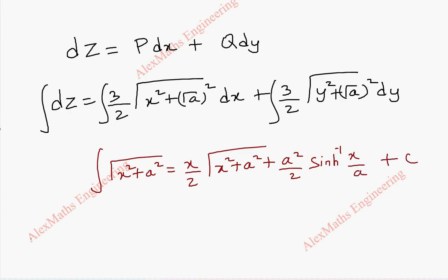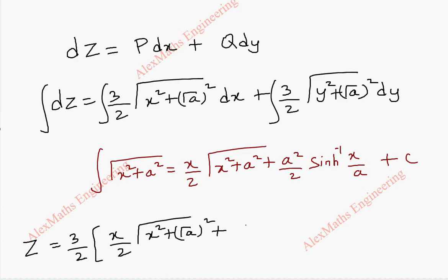So left hand side is capital Z, and here we have 3 by 2, and we have both the terms 3 by 2, but anyway in the first term we are going to apply this formula, that is x by 2 root of x square plus, wherever a is there I have to put root a, and here also root a whole square by 2 sinh inverse x by a.